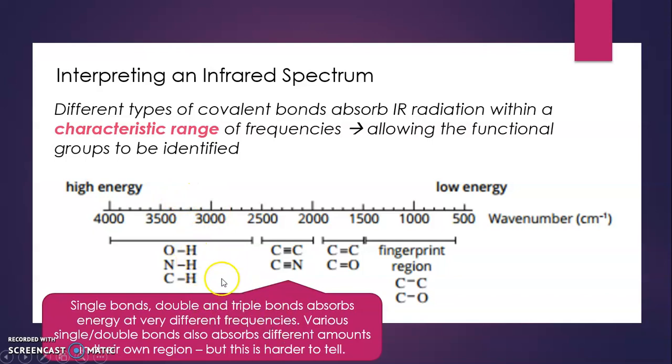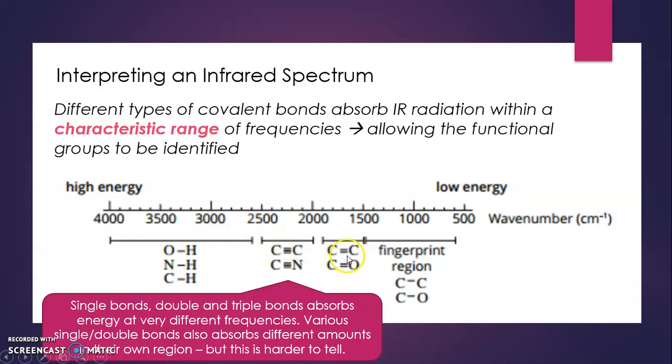And in fact, various single bonds and double bonds in the same region have very slightly different absorptions. It is rather harder to tell between the absorption of OH and NH than to tell the difference between an OH absorption and a carbon-carbon absorption.